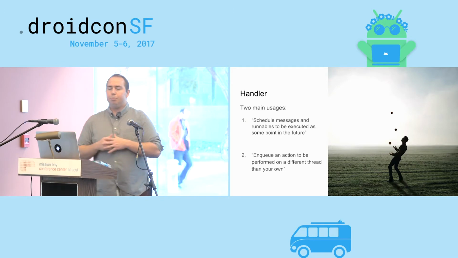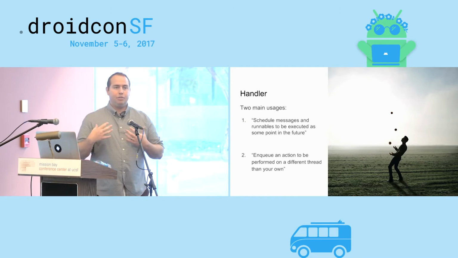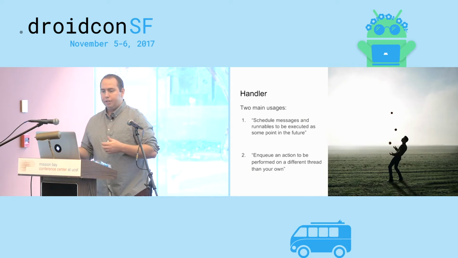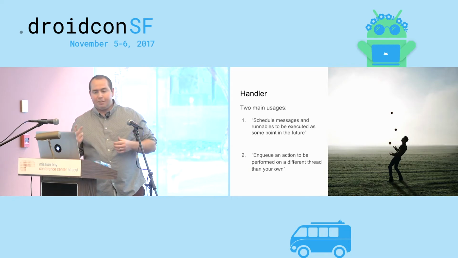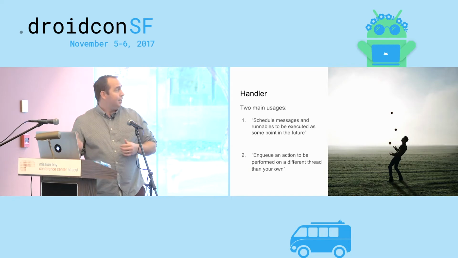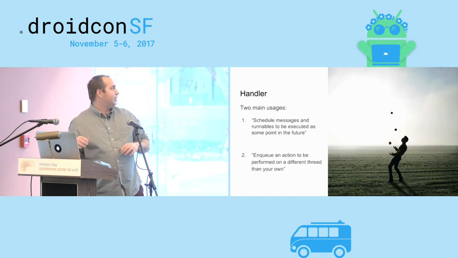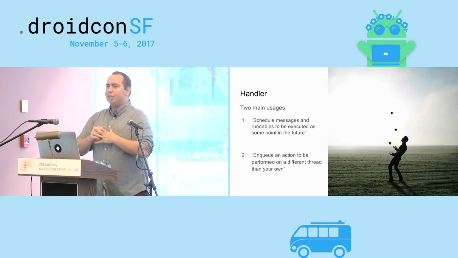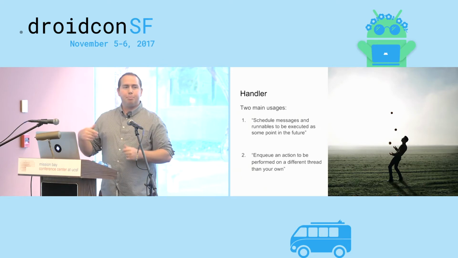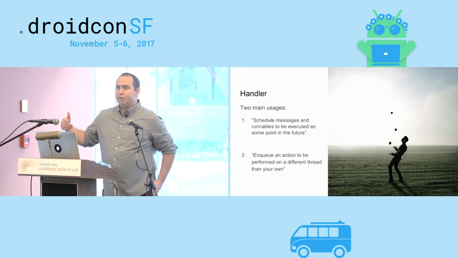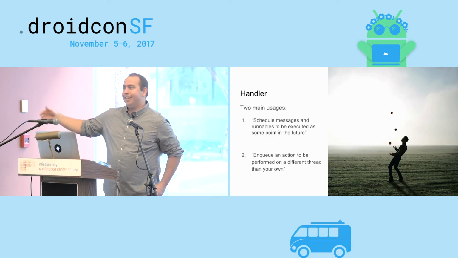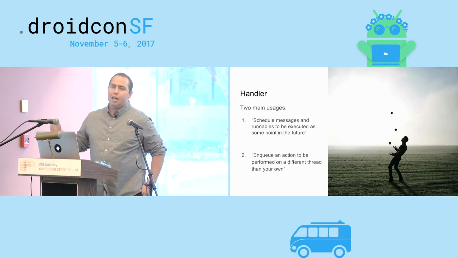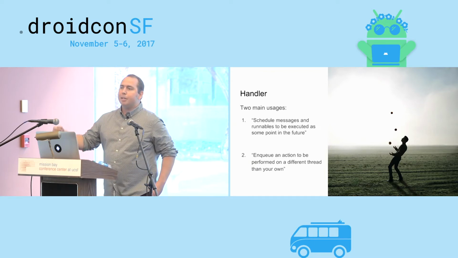How do you interact with that looper? You need a handler. So to interact with the looper, you just create a new handler. And the main responsibility of these handlers is to schedule messages and runnables to be executed at some point in the future. So, for example, if you wanted to set up a timer, rather than spawning a new thread and doing wait, then launching another event, you can get a handler and say, hey, post this runnable to do something in the future.